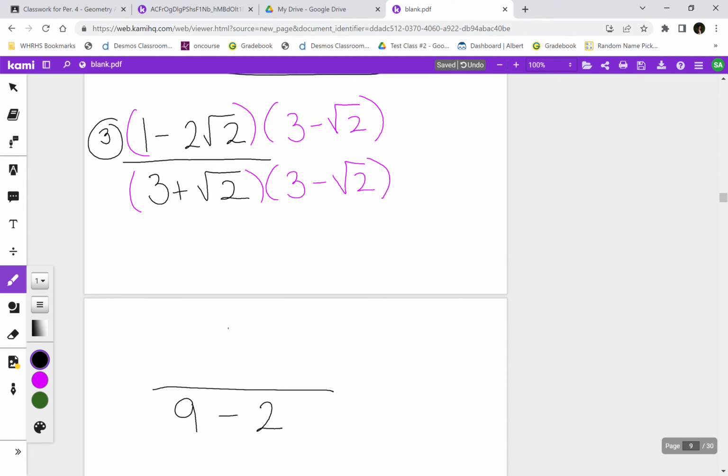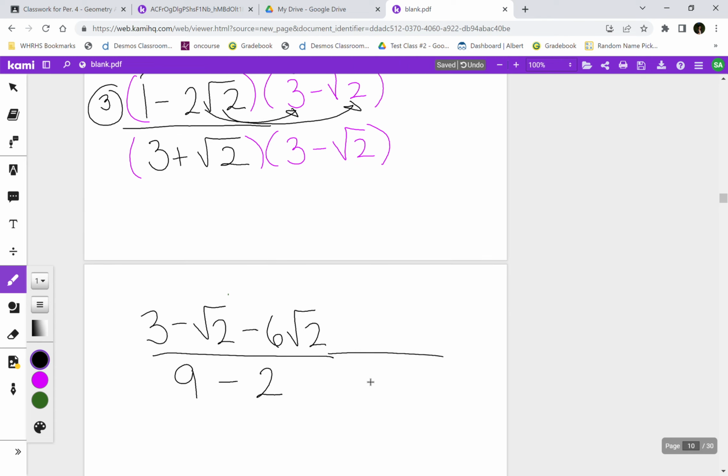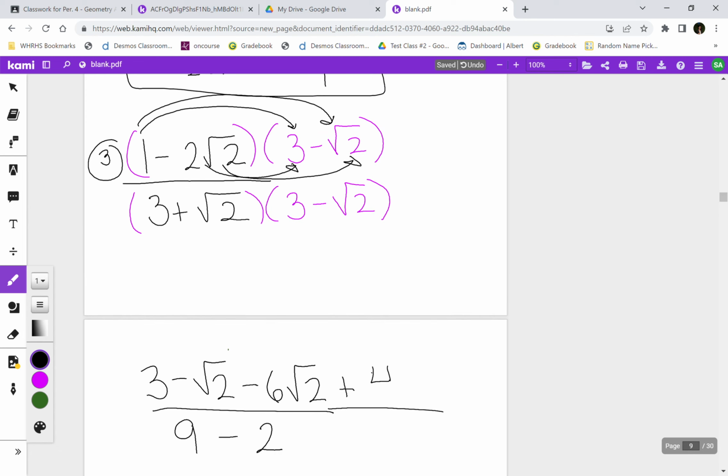In our numerator, we need to FOIL. 1 times 3 is 3, not 1. 1 times 3 is 3. 1 times negative root 2 is a negative root 2. Negative 2 root 2 times 3 is a negative 6 root 2. Negative 2 root 2 times a negative root 2 is a positive 4.